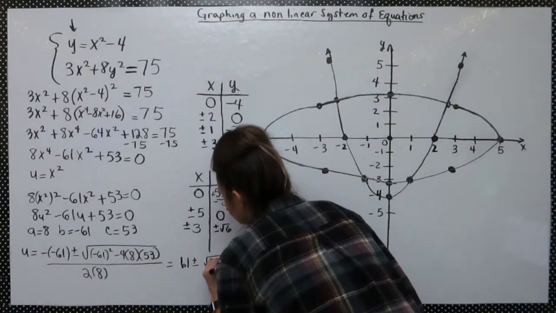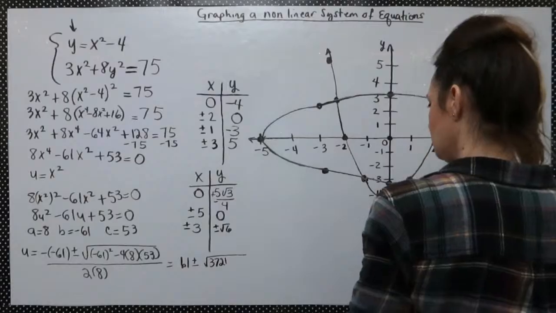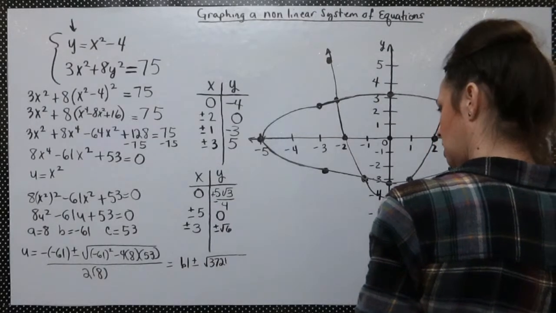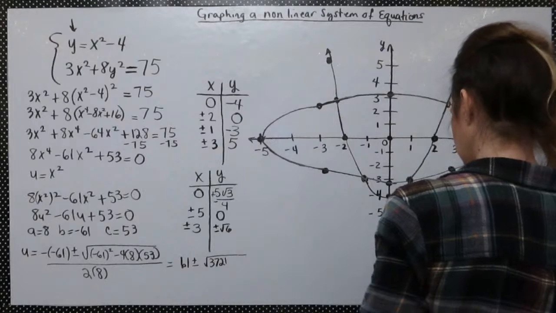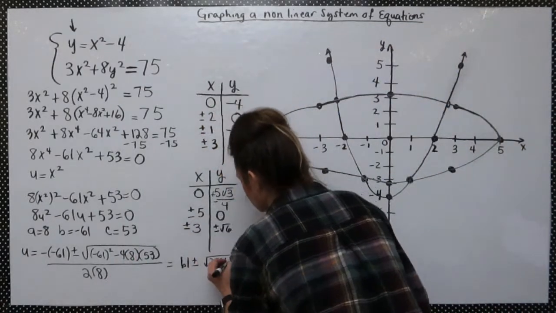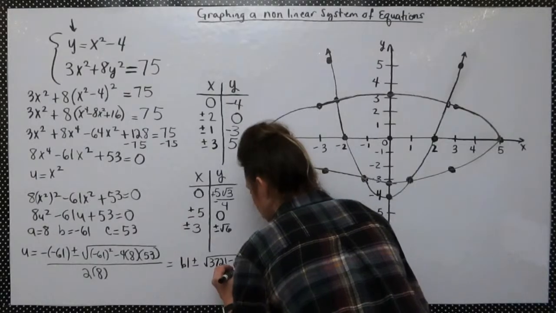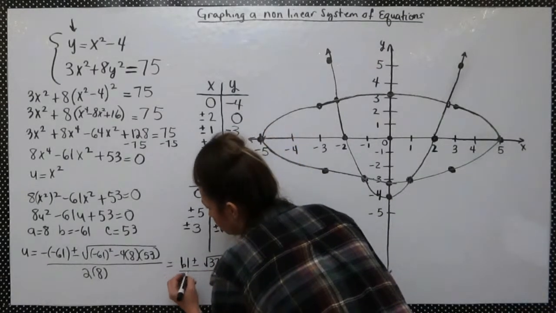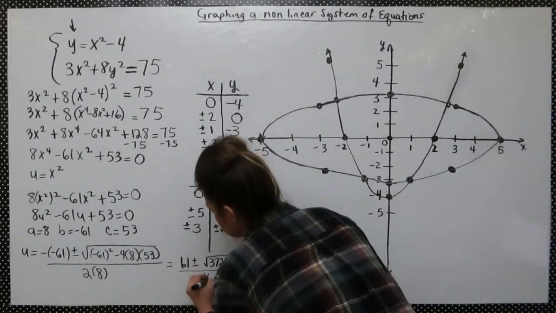And then 4 times 8 times 53, and there's no negatives, it's going to be negative 1696. And that's all over 8 times 2 is 16.